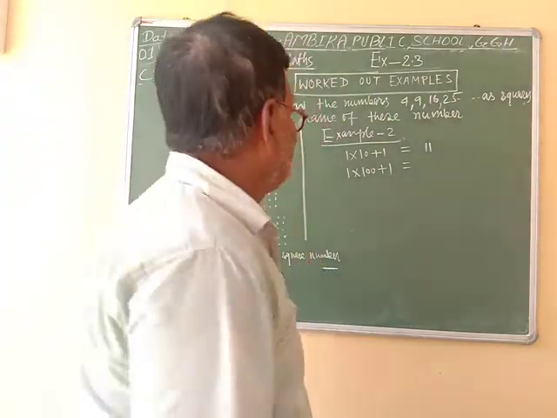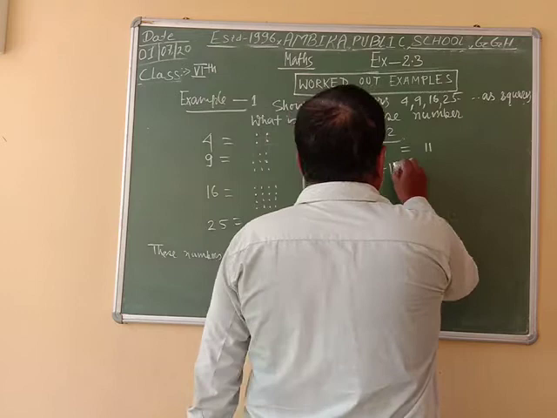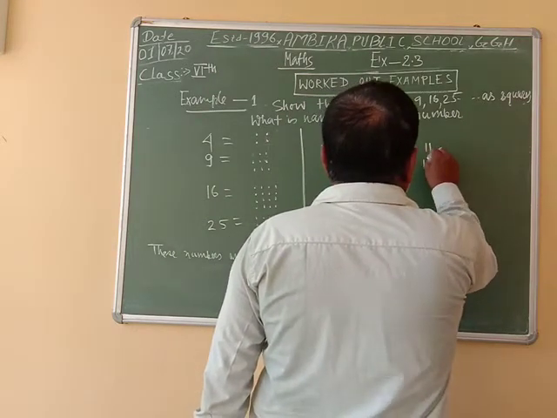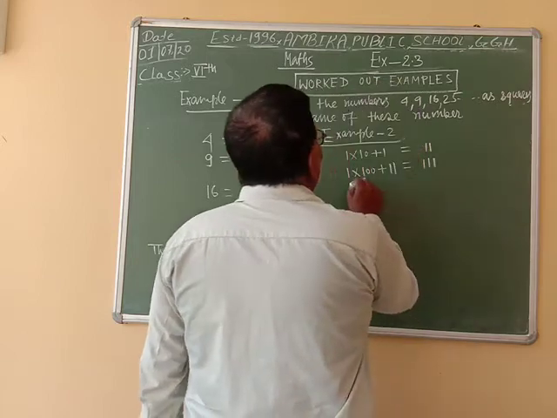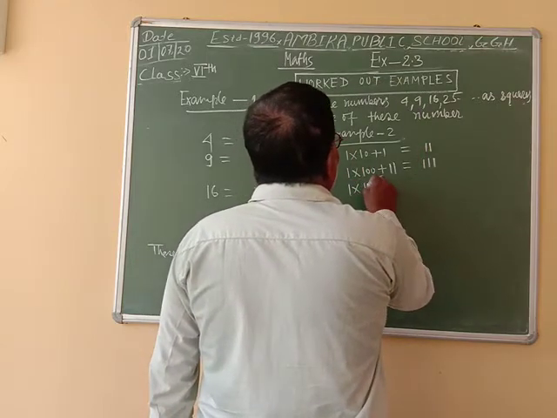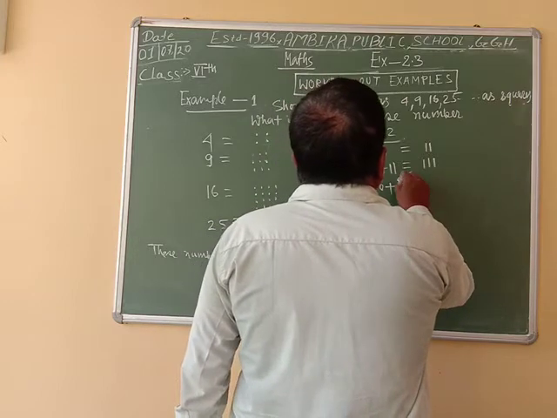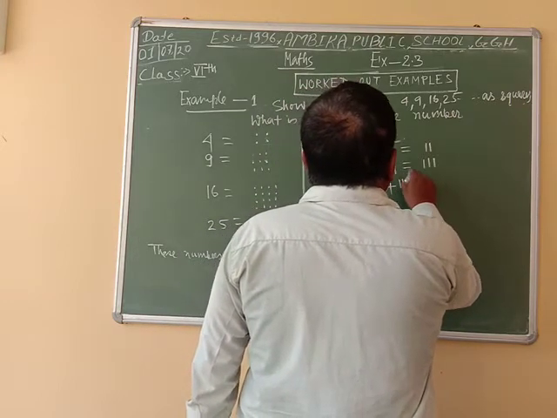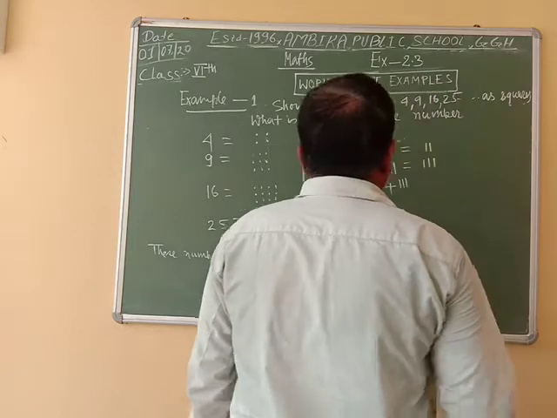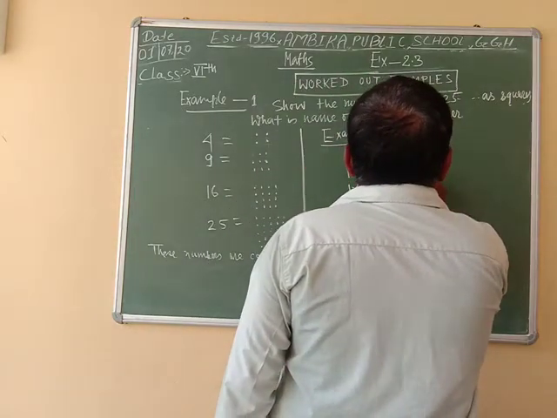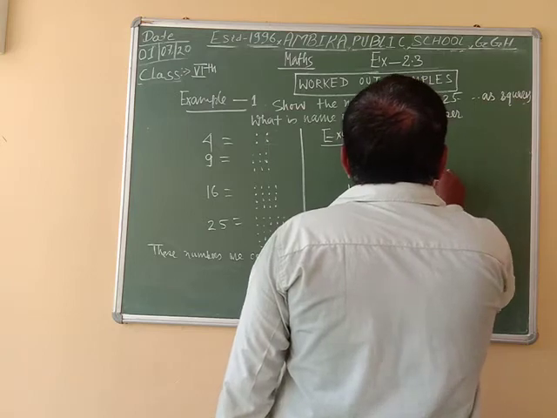101. According to the pattern, you can write 111. Similarly, 1 into 1000 plus 1 is equal to 1111.